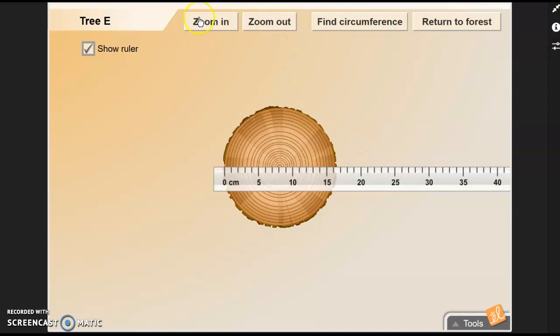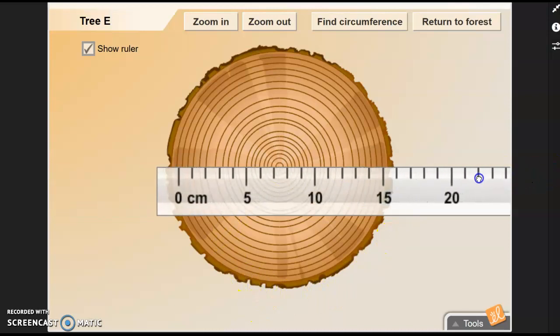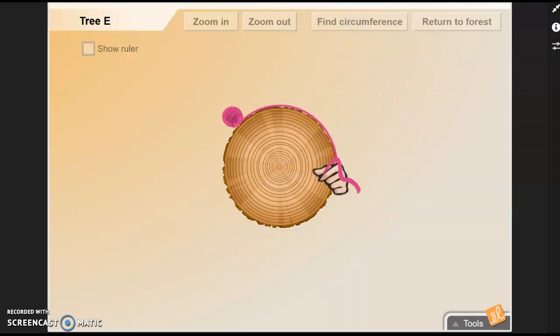Remember that you don't ever count the bark as a ring of growth. So we would be looking at that and we would say, well, let's see, the diameter of this one is just under 16 centimeters, and we can find the circumference as well.